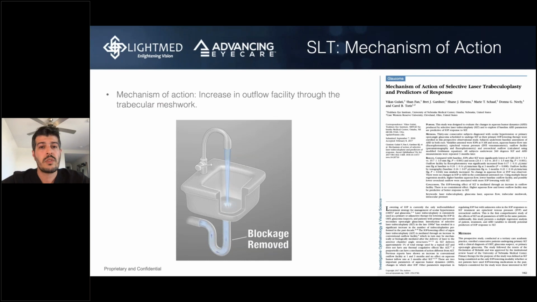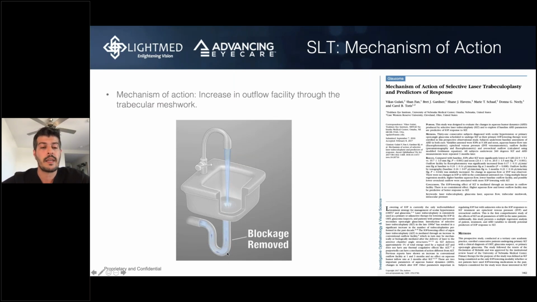So this has been studied, of course, just to prove: is it that the aqueous humor production becomes less? Is it that we're removing the blockade? And there's a very nice paper in IOVS that proved the mechanism of action of SLT is increasing the outflow of aqueous humor. So we're essentially removing the blockade. And I think everyone who uses SLT should know this, because if you need to supplement SLT with another procedure or drop, you know to go after something else.